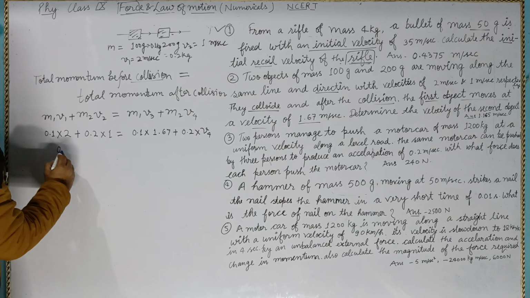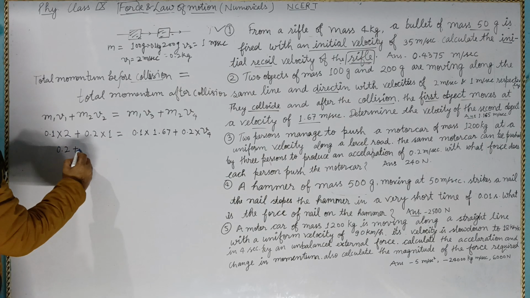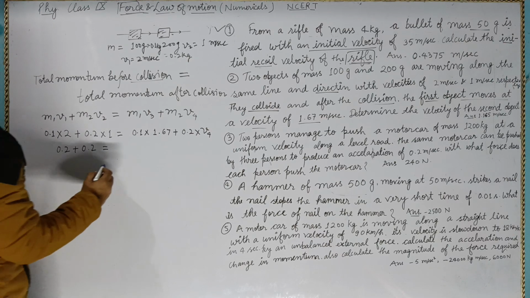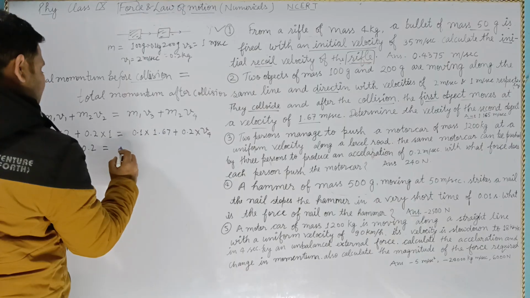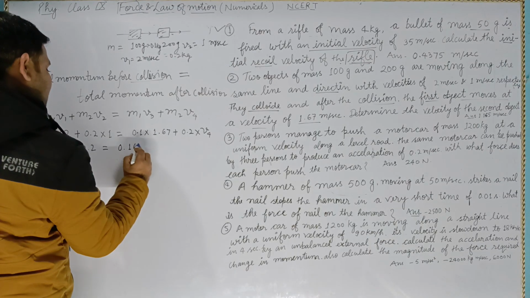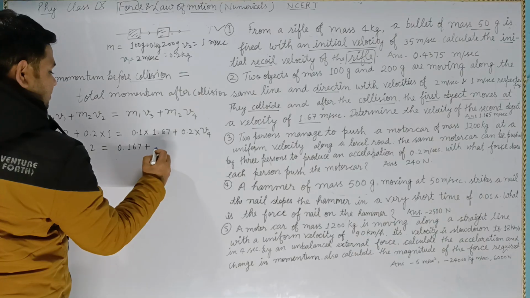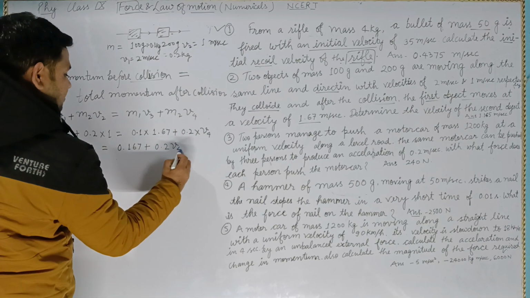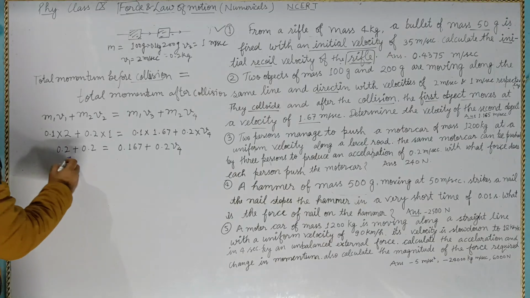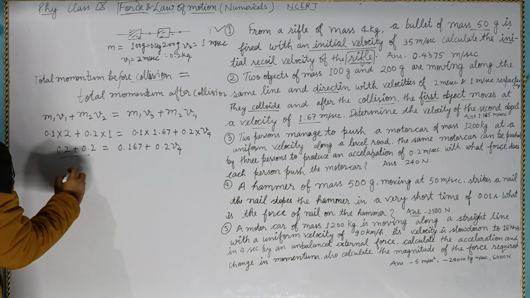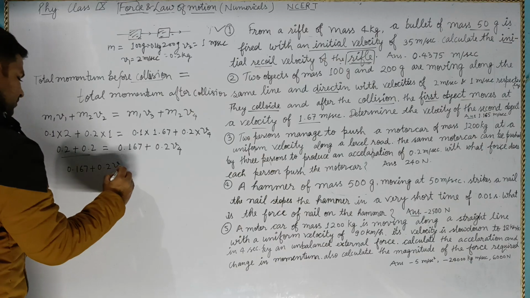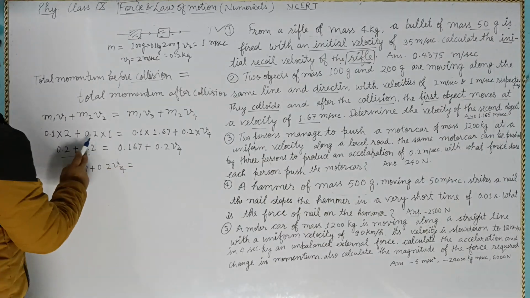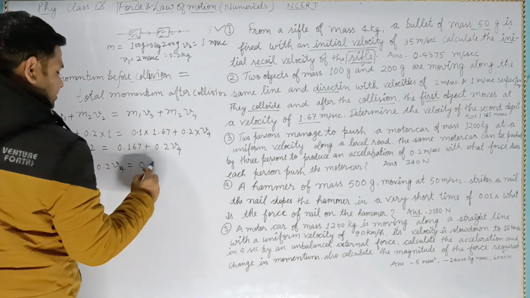So 0.1 times 2 is 0.2, plus 0.2 times 1 is 0.2, is equal to 0.1 multiplied by 1.67, which is 0.167, plus 0.2 v4. We add here 0.2 plus 0.2, it will be 0.4.